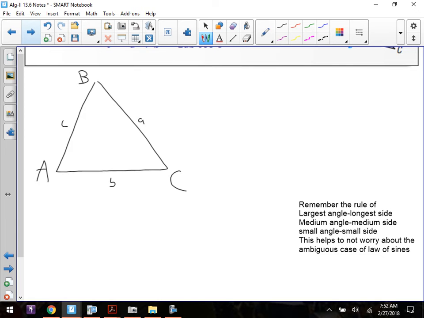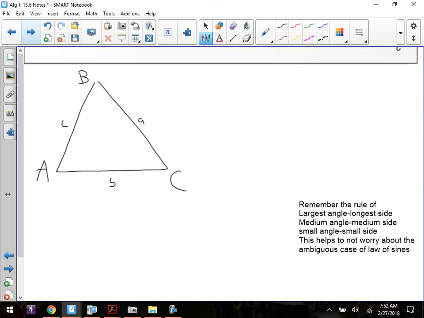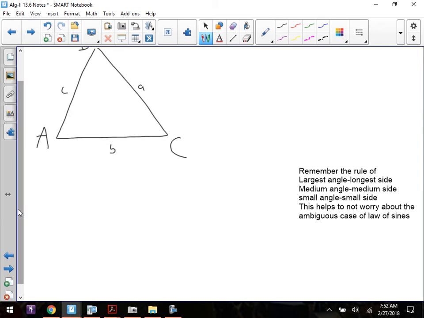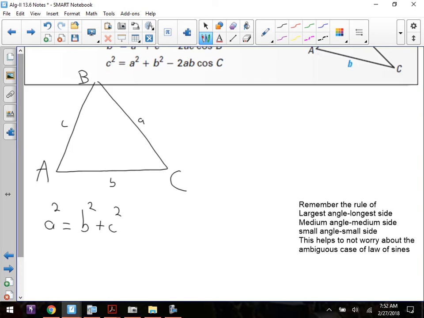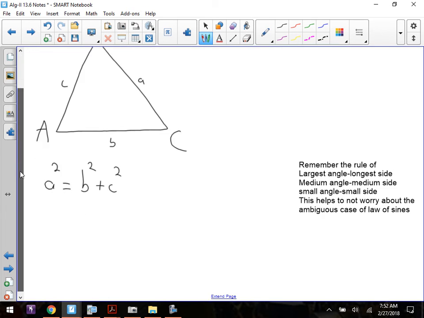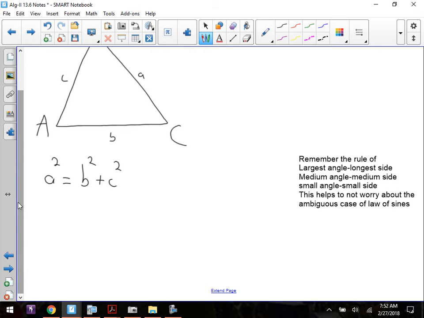When you work through them, the way that they write it out, if I work with little a squared, it will equal b squared plus c squared. Make sure I write this out correctly. And you can rotate the letters all the way through. You can have b squared equals a squared plus c squared. c squared equals a squared plus b squared.